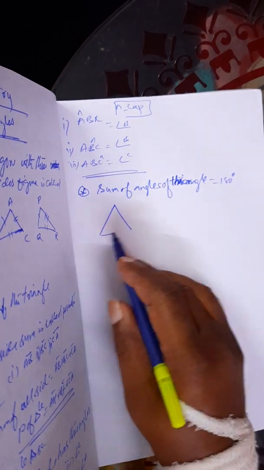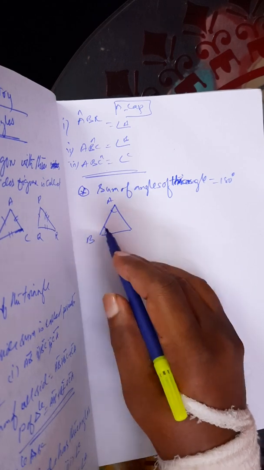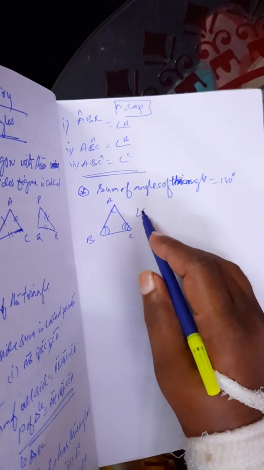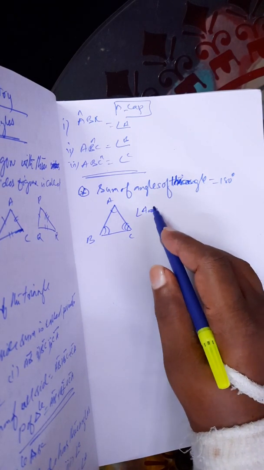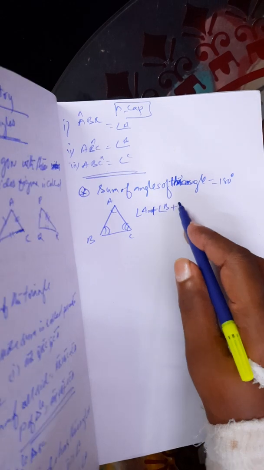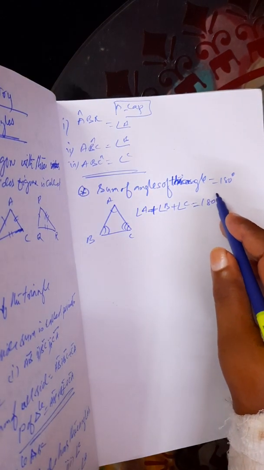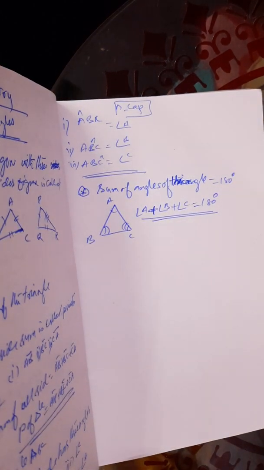Explanation of it: suppose this is A, this one is B, this one is C. Angle A plus angle B plus angle C should be equal to 180. Sum of angles of a triangle equals 180.